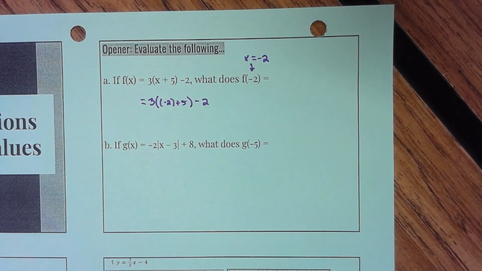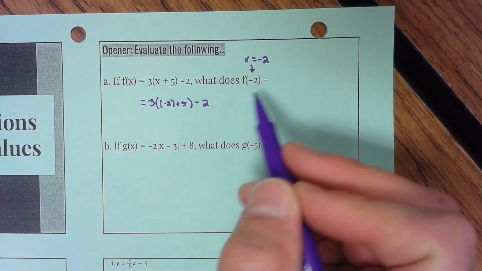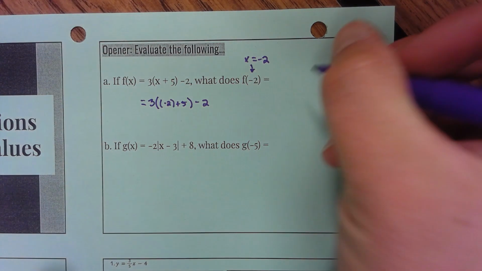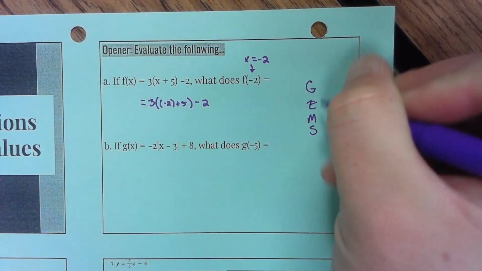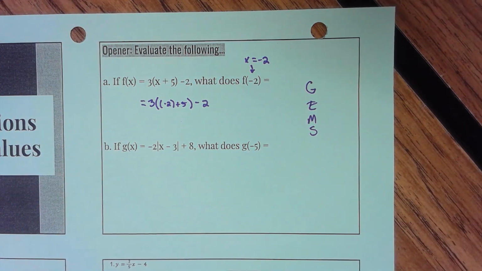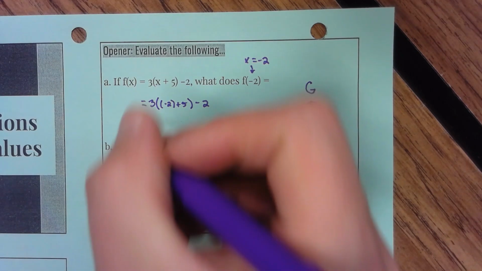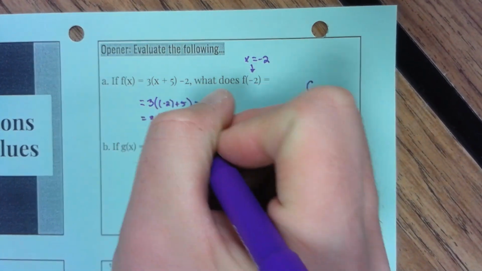Now, what we do from here is order of operations. This is where we might have made some mistakes, and that's okay. But I hope that at the very least we know what this was communicating for us to do, and that's to plug in negative 2 for x. So remember, our order of operations, we think of it as GEMS. Starting with grouping symbols. Yes, you can distribute, but I'm going to simplify what's inside those grouping symbols first. So negative 2 plus 5, that's 3.